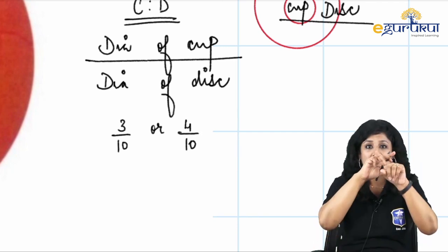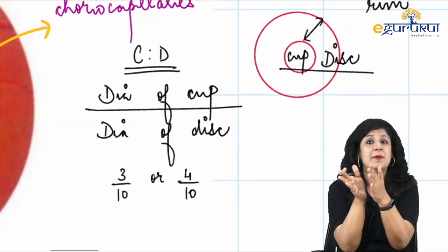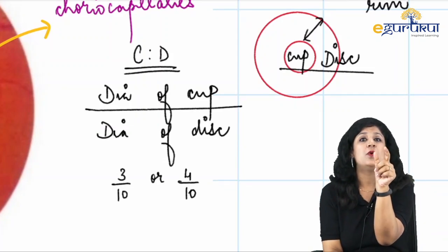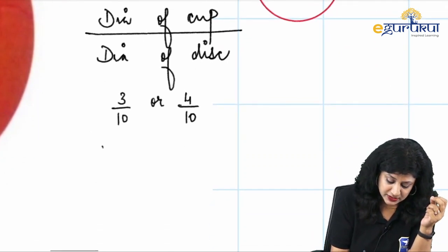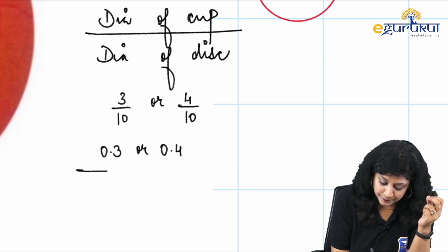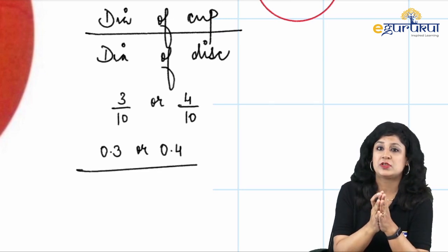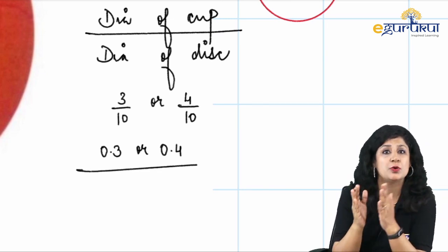That means if I divide the whole of the disc into 10 parts, the cup will occupy only 3 parts or 4 parts. So the CD ratio is 0.3 or 0.4. Therefore, the normal CD ratio that you get is 0.3 or 0.4.